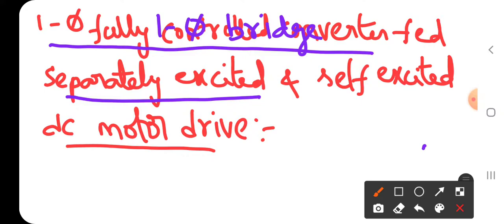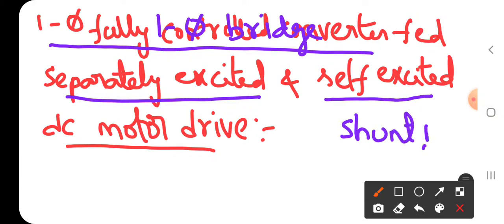Under the self excited DC motor, I will take the example of a shunt motor, because the operation of these two motors is the same, but the circuit diagrams are somewhat different.